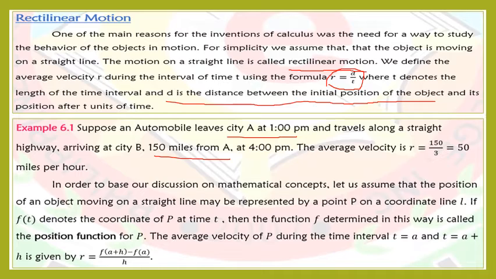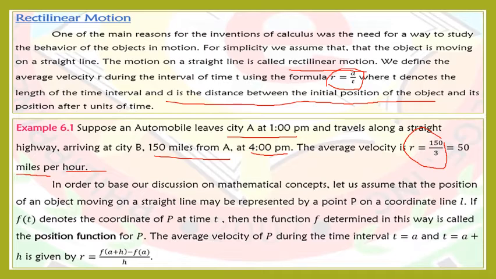So 150 minus 0 is still 150 and then ang final time kasi natin dito class na given is 4 p.m. man. So 4 p.m. 4 minus 1 is equal to 3. So that's why ang average velocity natin is 150 divided by 3 which is equal to 50 miles per hour. So ang ginamit na units sa distance is miles and then sa time is hour. Okay, so that's an example of your rectilinear motion.